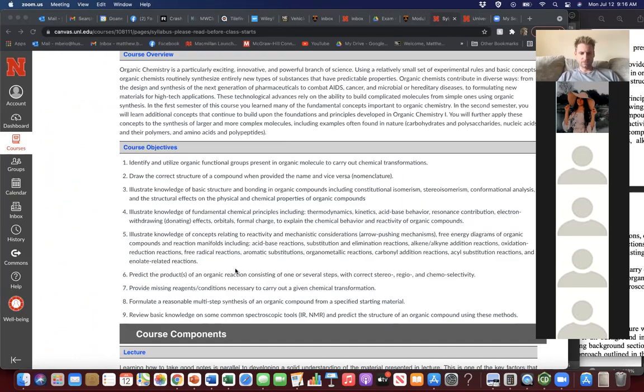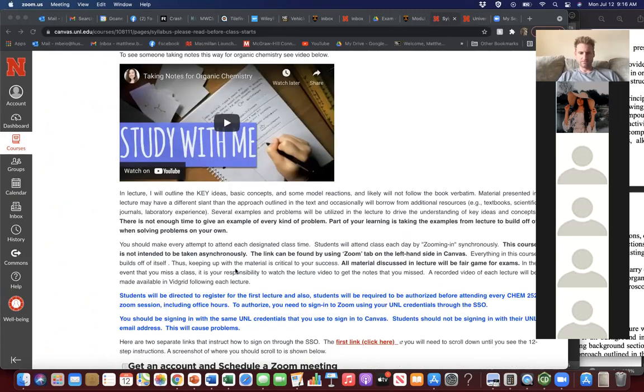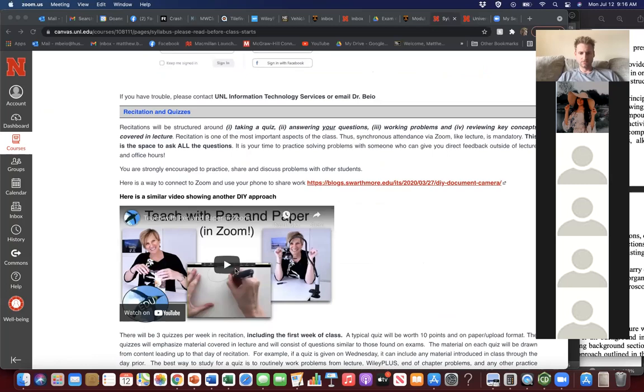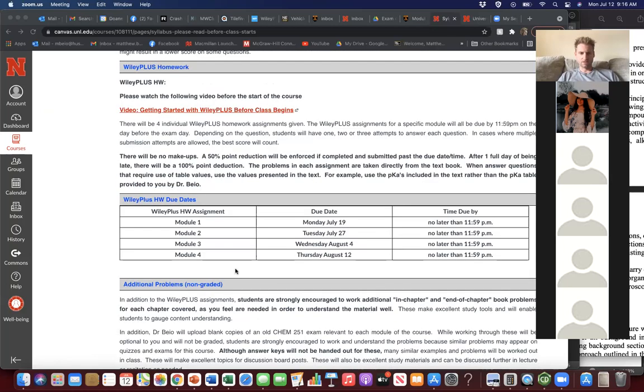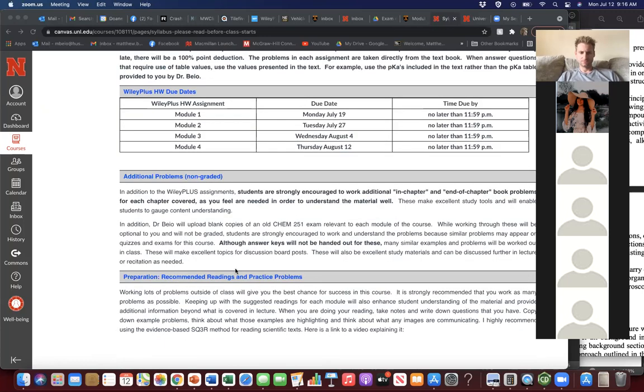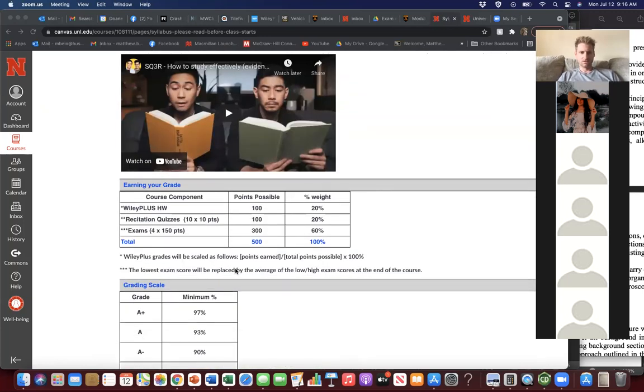Most of this is fine. Probably way too much information on here. This exam or course breakdown, the points possible section, don't use that. Use the percentage section.